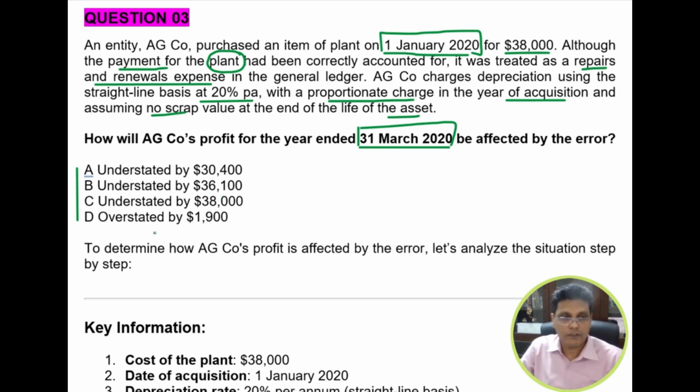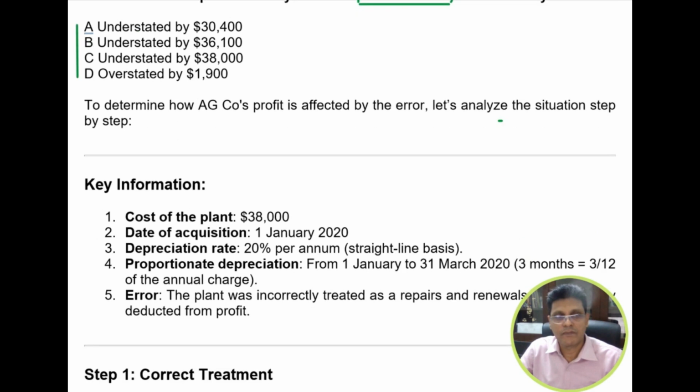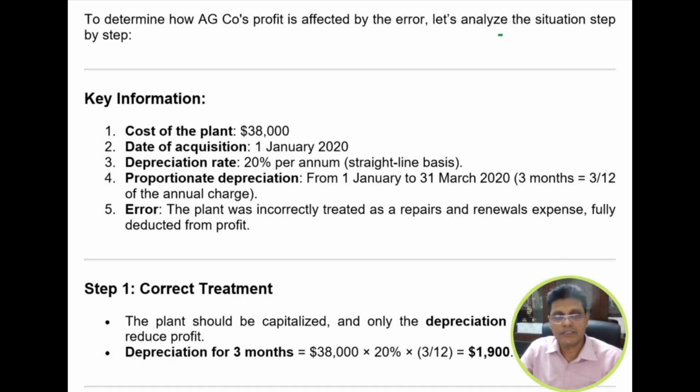To determine how AG company's profit is affected by the error, let's analyze the situation step by step. Let's analyze the key information given.